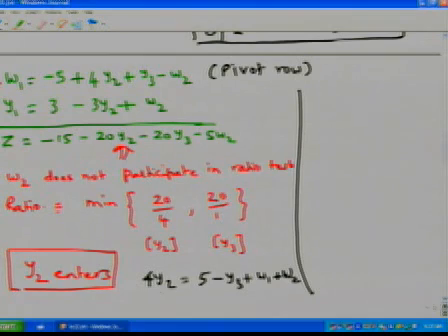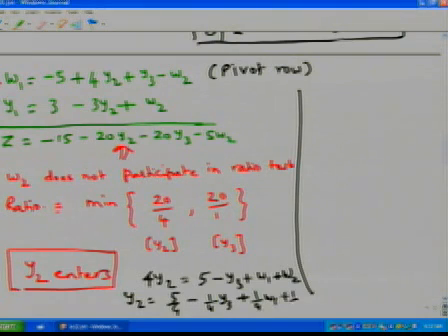Which means Y2 is going to be this quantity divided by 4. So Y2 is 5 over 4. And you would continue. This is just taking this expression for Y2, substituting it in the other two equations so that now you have everything in terms of a new set of non-basic variables.